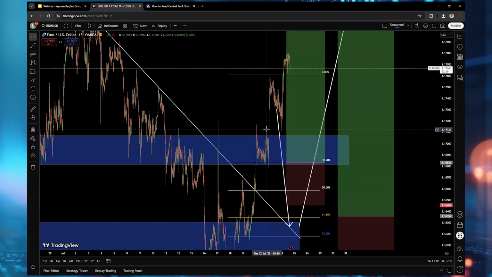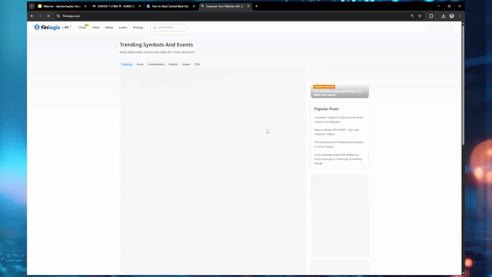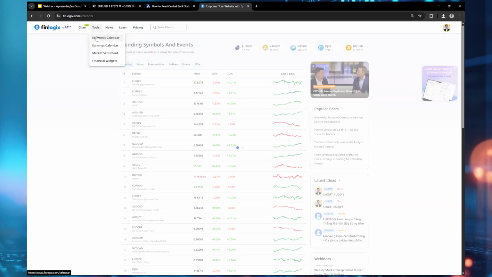Most likely they're going to be looking to pause for a few reasons, and even the majority of the economic calendars. Let's say we can get FinLogix in this one, so I can show you the economic calendar.